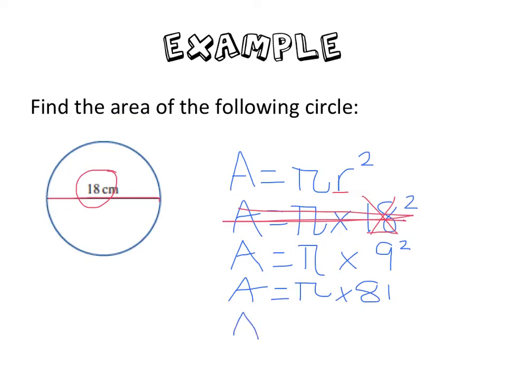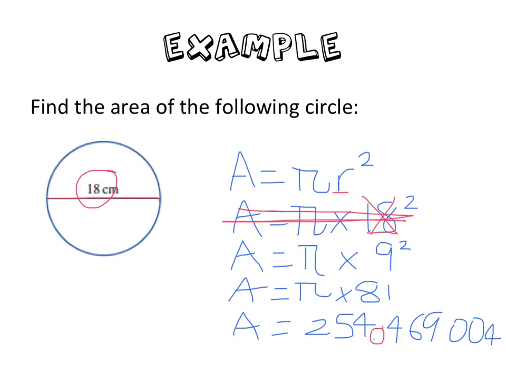And then I get an answer of 254.4690004. Now, that's a ridiculous number of decimal places. I don't need that many. So I'm going to round to 2 decimal places.